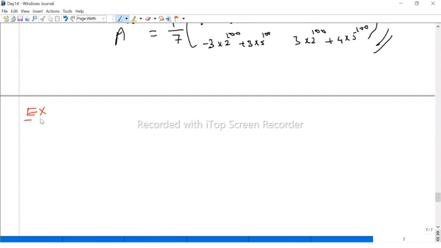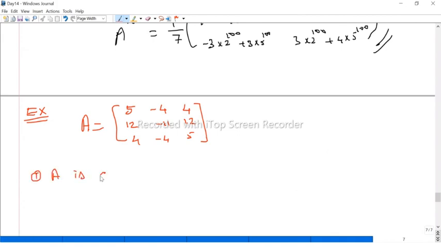The problem or exercise: they give the matrix A, which is some 3 by 3 matrix: [5 -4 4; 12 -11 12; 4 -4 5]. Suppose they give you a 3 by 3 matrix. Now the question is, check whether the matrix is diagonalizable or not, or prove that A is diagonalizable.